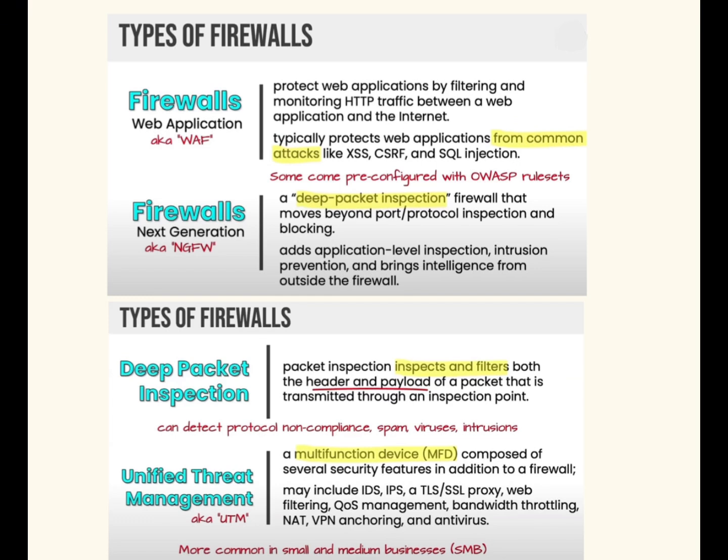Some WAFs come pre-configured with the OWASP security rules. A simple example: think of WAF like a bouncer at a club entrance who checks guests' behavior. If someone tries to sneak in with harmful intentions, for example, fake forms or malicious code, they are blocked.